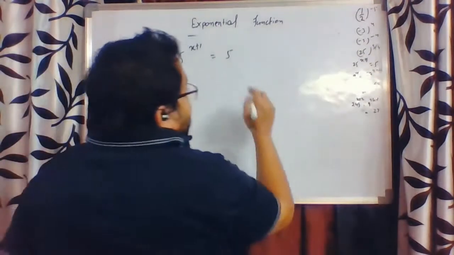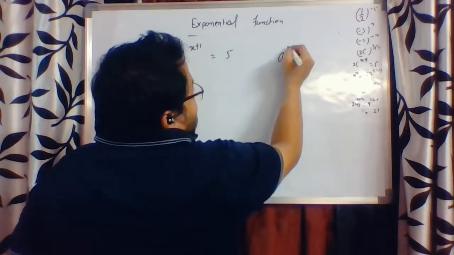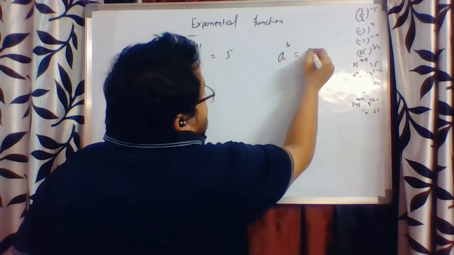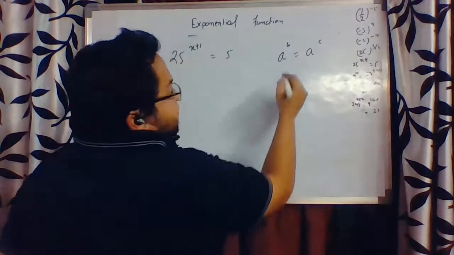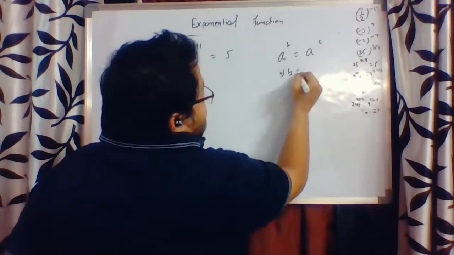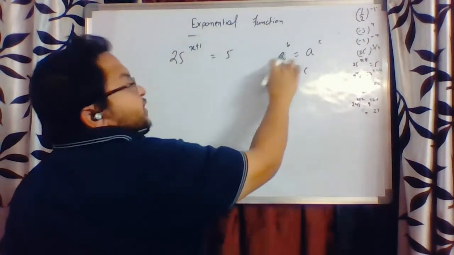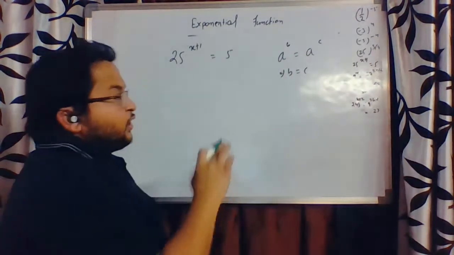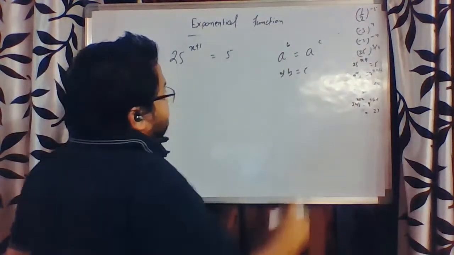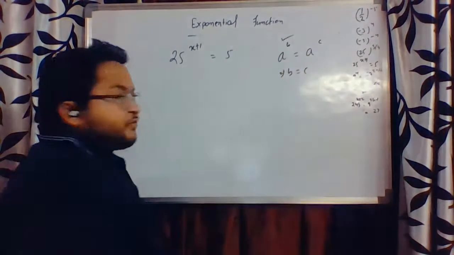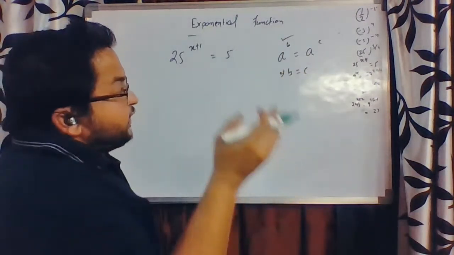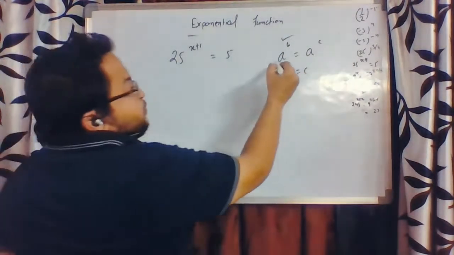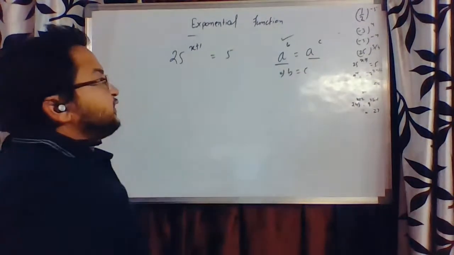Okay, so we know that if a to the power b equals a to the power c, then I can say b equals c for all a that is not equal to 0 and 1. So let's assume that that's taken here. This is the property which we want to use. Okay, and that obviously means my base on both the sides should be equal.